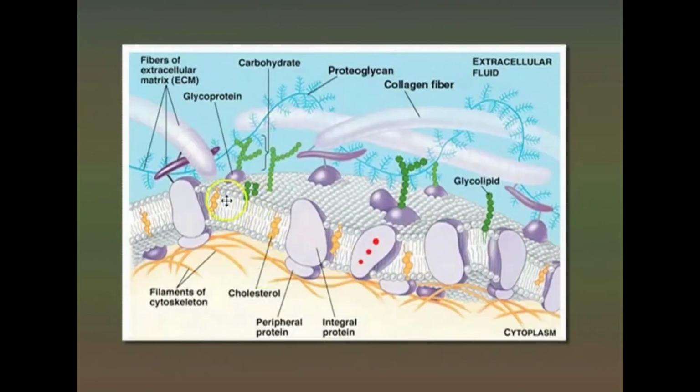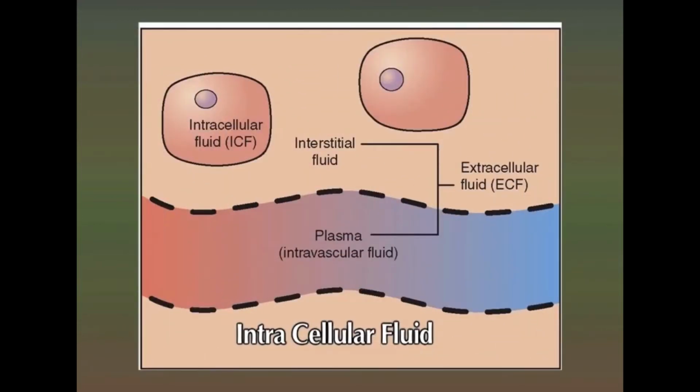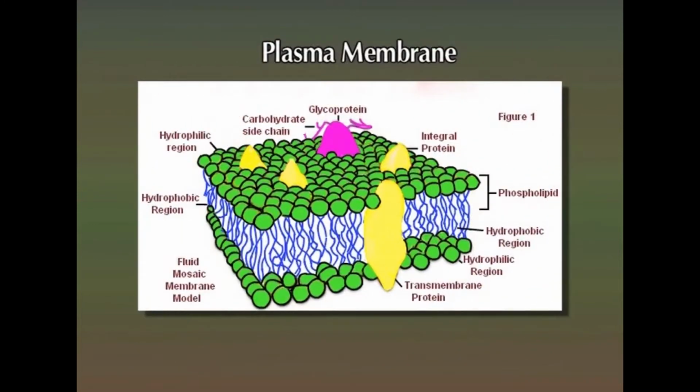Second, they provide scaffolding to which various cell components are anchored. The chemical composition of extracellular and intracellular fluid is quite different, which demonstrates that the plasma membrane prevents free mixing of molecules on the two sides of the membrane. Thus, the plasma membrane is selectively permeable.